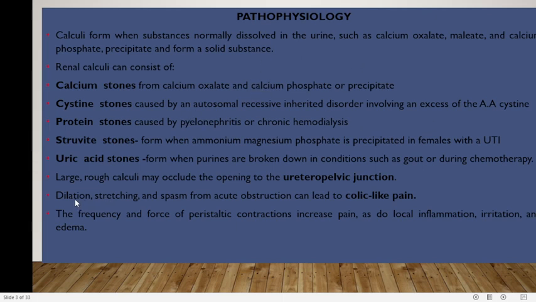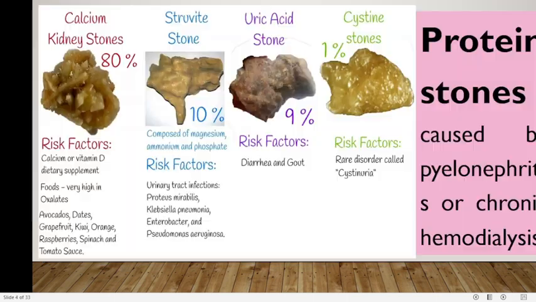Next we have the dilatation, the stretching and the spasm from the acute obstruction, which can lead to colic-like pain, the main clinical presentation of the stones. The frequency and force of peristaltic contraction increase pain, as do local inflammation, irritation, and edema.